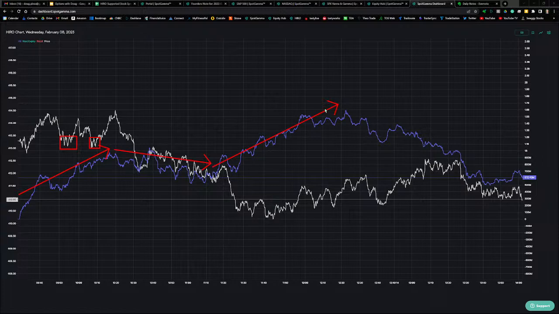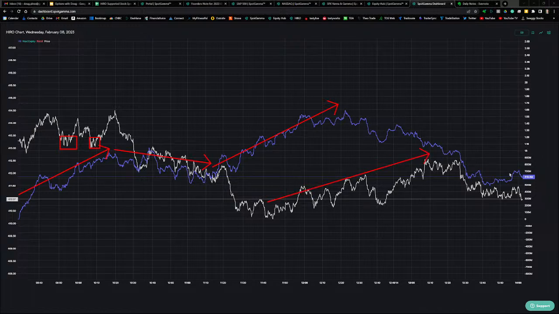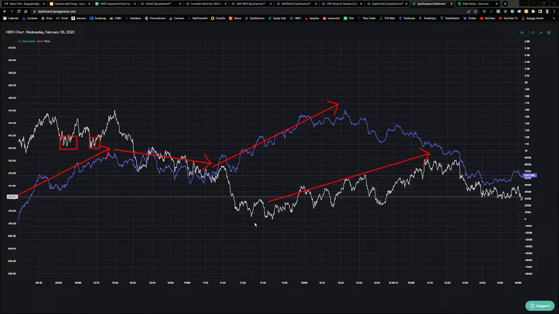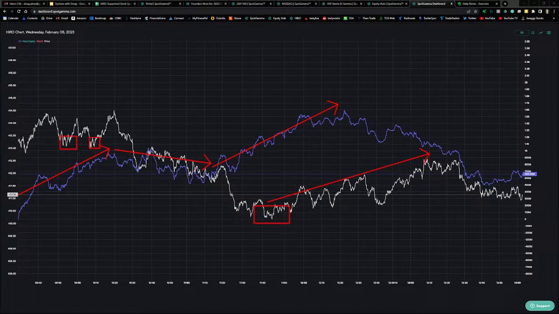So this divergence here led to a long setup, and it turns out just above the 410 level. So confirmation long, somewhat of a confirmation short, then divergence long at the 410 support level. And those are SPY numbers, of course.